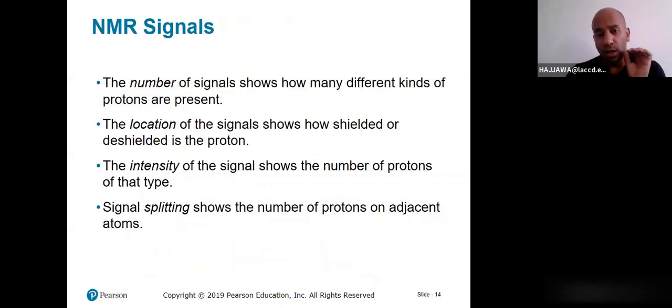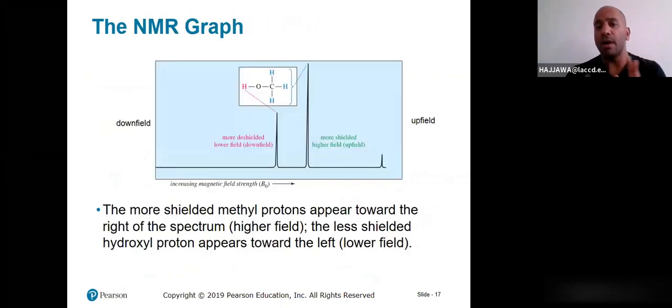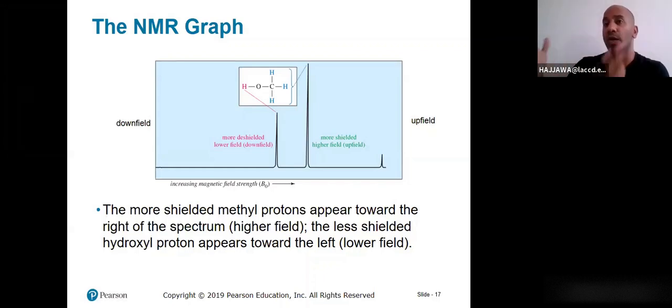Why? Because when you look at an NMR spectrum, there are two regions. One is called upfield and one is called downfield. The NMR spectrum usually goes from 0 ppm, parts per million, all the way to 12 or 14 parts per million. The area that has 0 ppm, we usually refer to as the upfield, the shielded area.